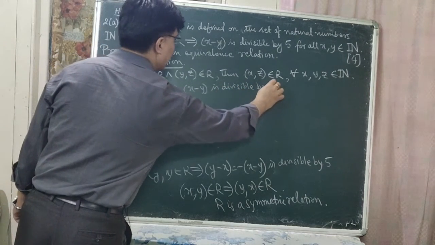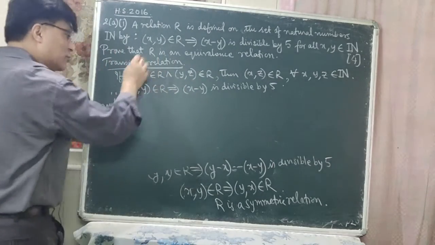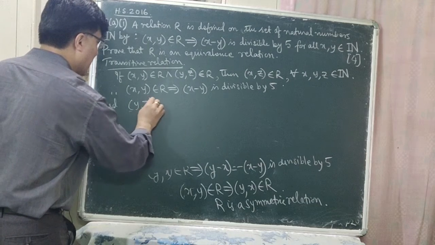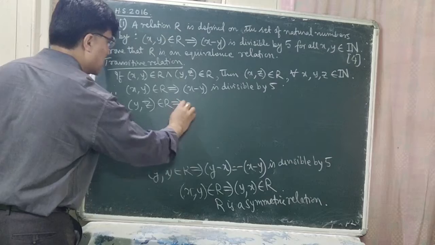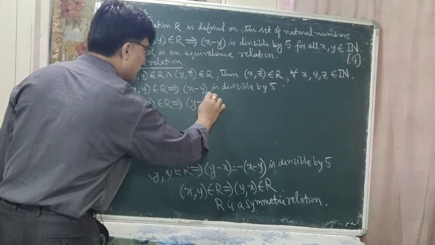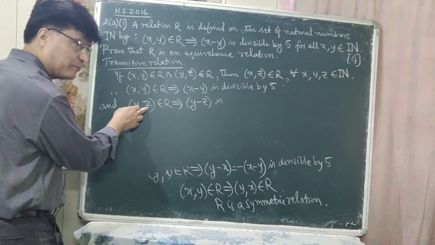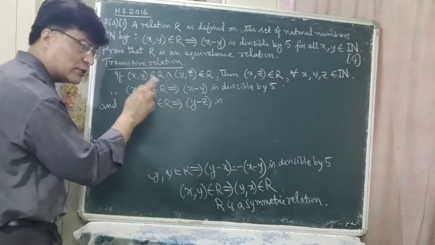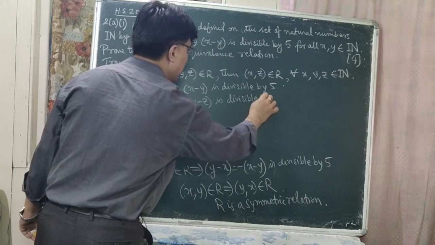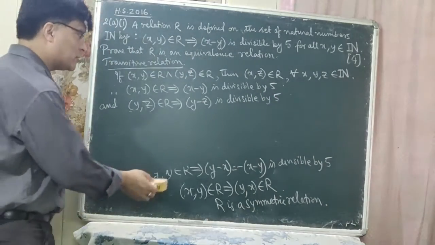Also, y comma z also belongs to the relation R, which implies that y minus z, instead of x, y is written, instead of y, z is written here. So y minus z is also divisible by 5. It is given. Is that clear to all of you? So I think you have understood it.